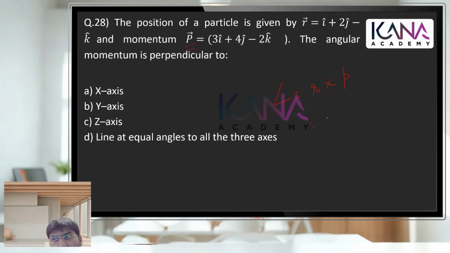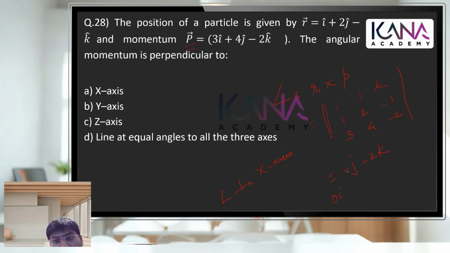So it will be the determinant with i, j, k, then 1, 2, minus 1, and 3, 4, minus 2. If you solve this, you'll get minus j minus k. There is no i component, so the i component is 0. That means L is perpendicular to the x-axis.